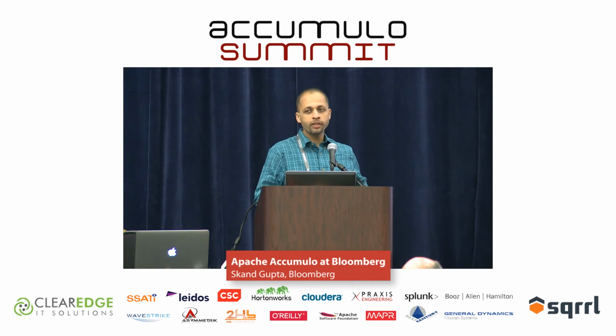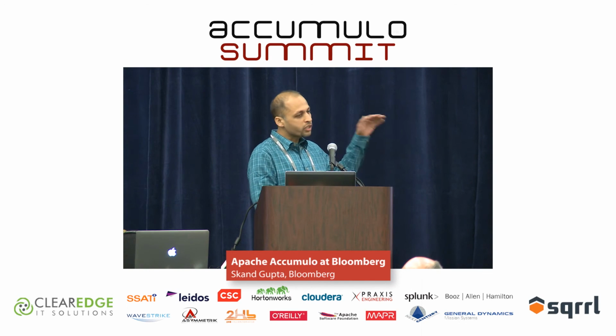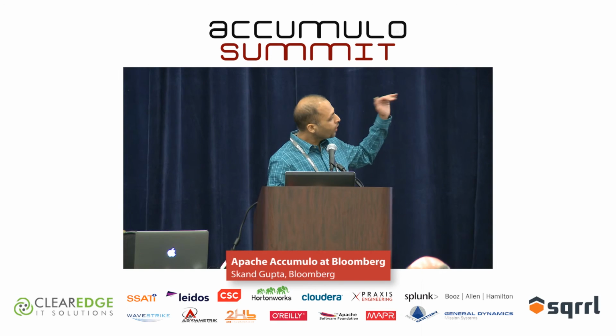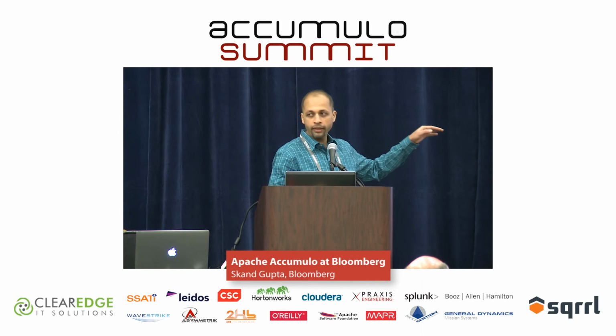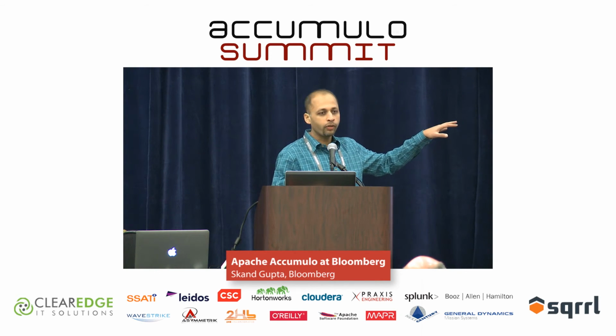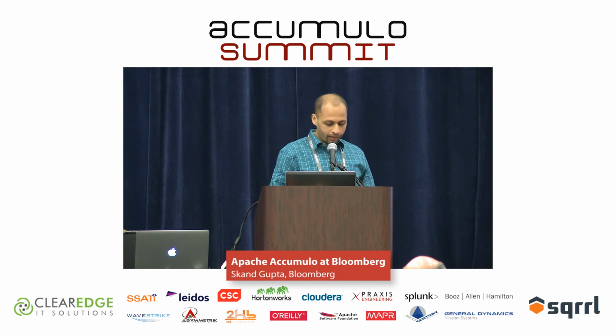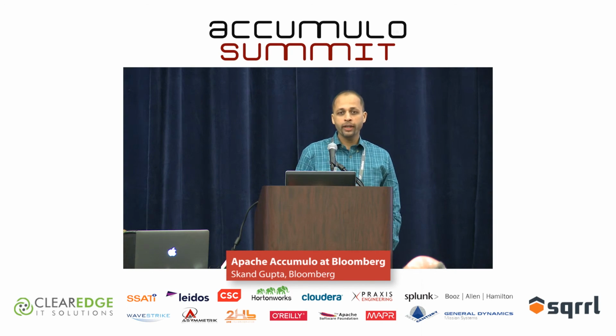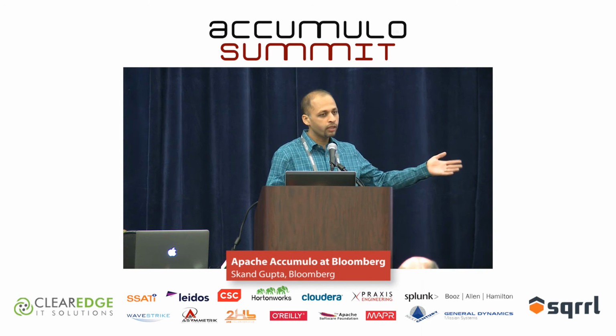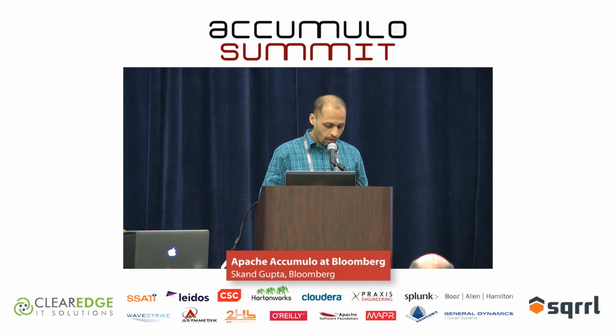So what we did was, instead of storing files directly in HDFS, we take the files and chunk them, and we store these chunks within Accumulo, and then we drop in the metadata about the files themselves, right? For our use case, we did a quick performance test of how this fares compared with using HDFS.